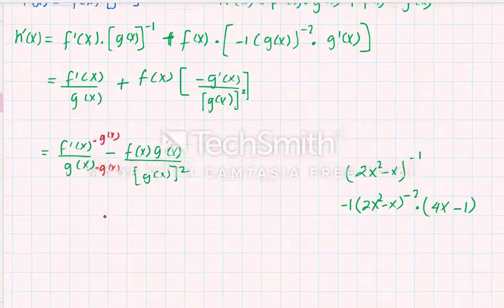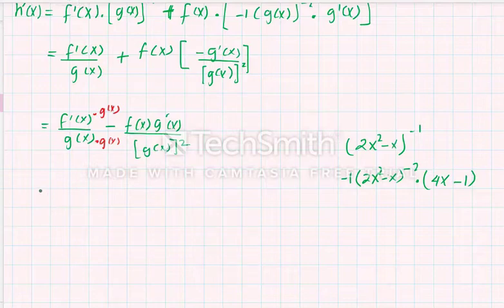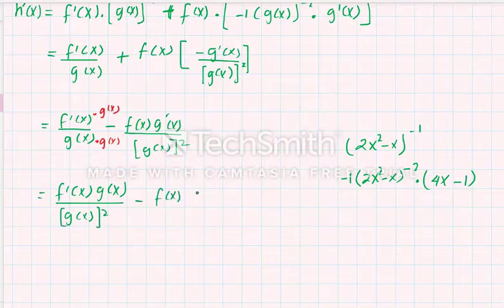Let's see what that becomes. f prime of x times g of x over g of x squared minus f of x times g prime of x over g of x squared.